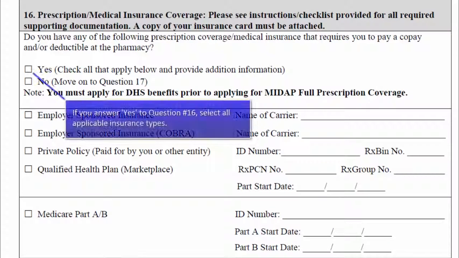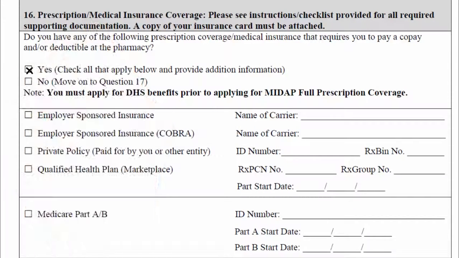If you do have prescription or medical insurance coverage, check the yes box in the first section and check all of the boxes below that identify the types of coverage you have. This information can also be found on your insurance card. For example, if you have Blue Cross Blue Shield through your employer, you would check the employer-sponsored insurance box.